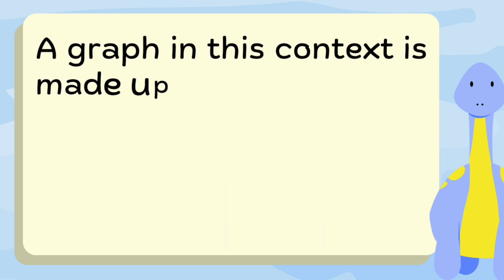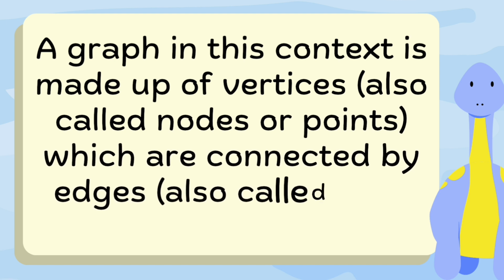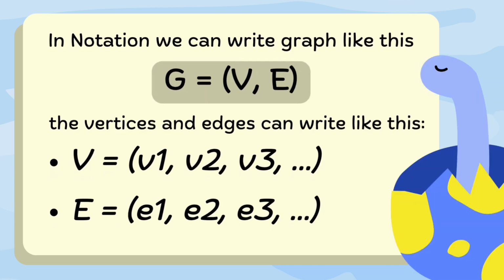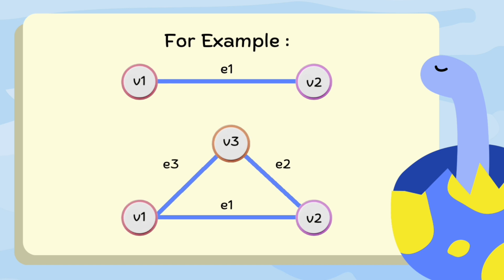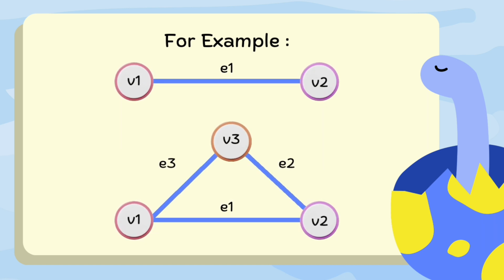A graph in this context is made up of vertices, which are also called nodes or points, which are connected by edges, also called links or lines. In notation, we can write a graph like this: G equals (V, E), the vertices and edges. For examples, you can see this video.